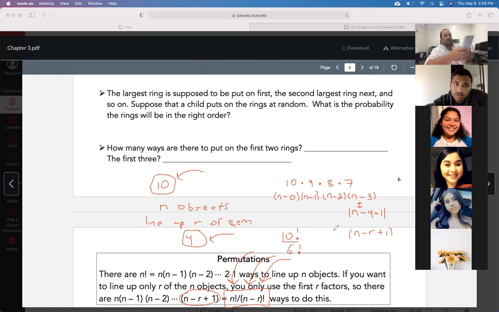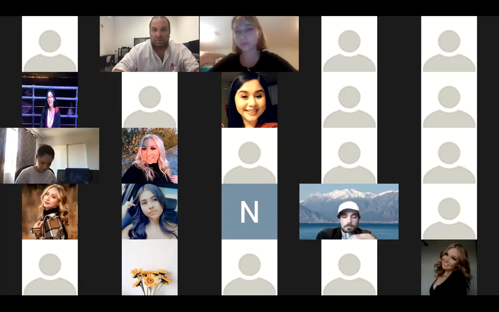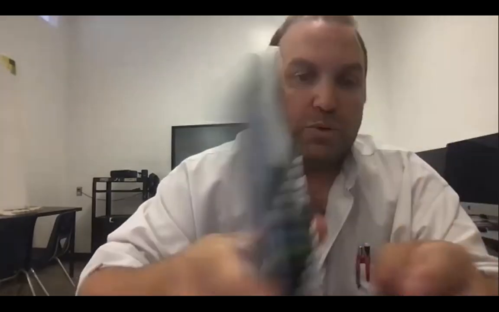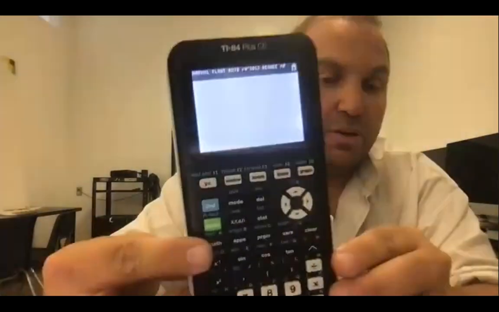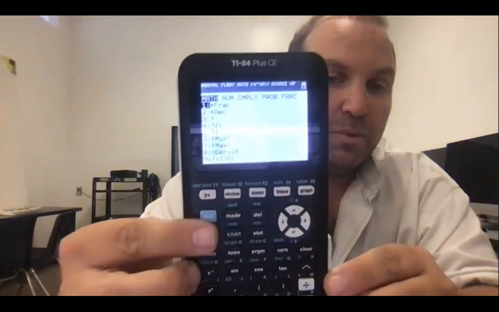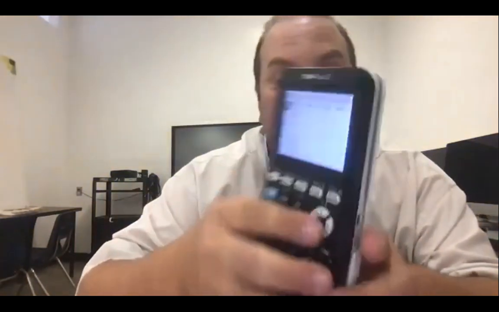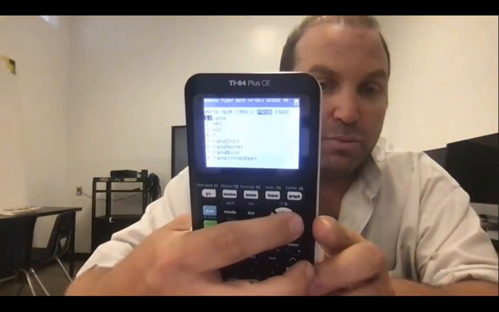Now, someone in chat said an answer which may or may not be correct. I'll check right now. But if you have a nice calculator, I'm going to show you what I'm doing here just so you can see it. I'm going to pin myself. So if you have this nice calculator here, I hit the math button to do math. And I'm going to move to the right to probability.